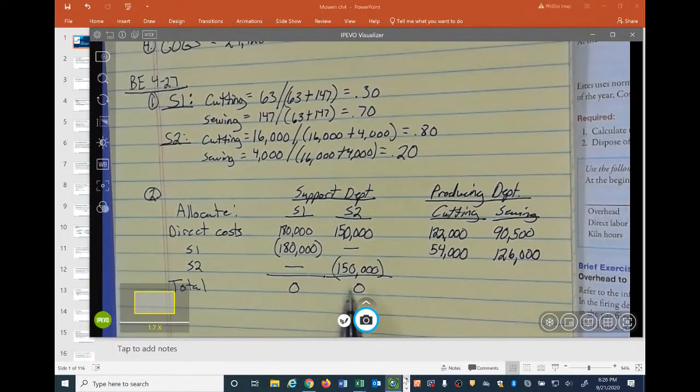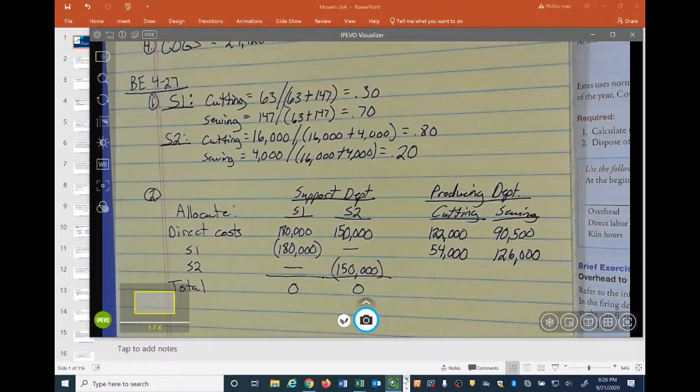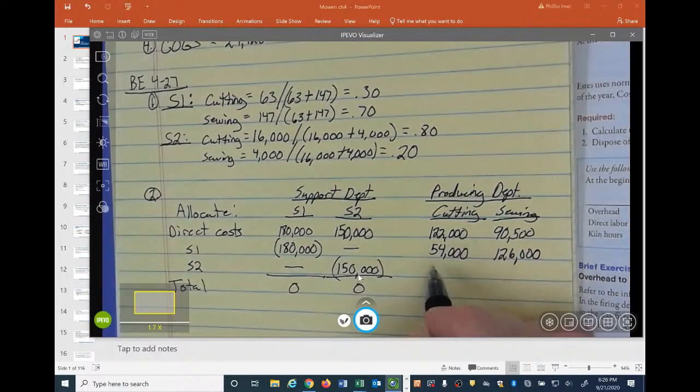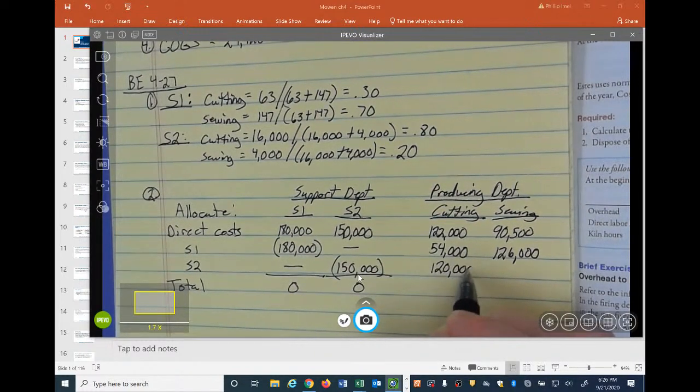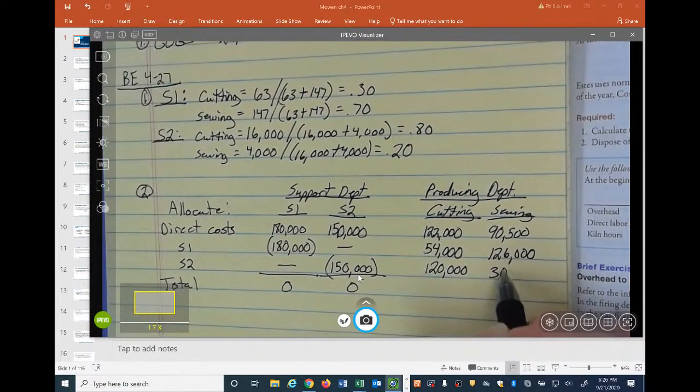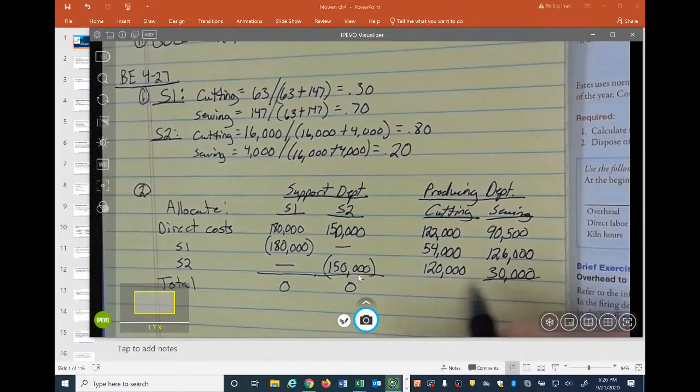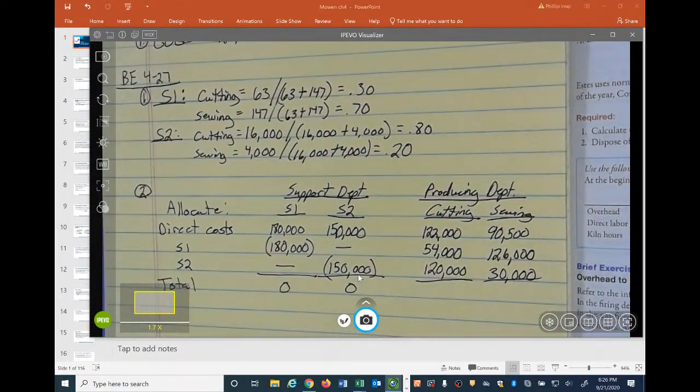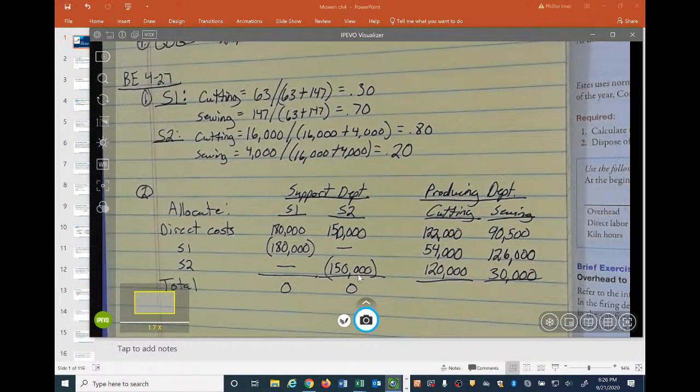But for S2, how do we allocate that cost over here to the cutting and the sewing? 80% for cutting, 20% for sewing, so that'd be 120,000 for cutting, 30,000 for sewing. Right. Everyone see that? Anyone unsure on where we got any of that? Everyone clear on that?